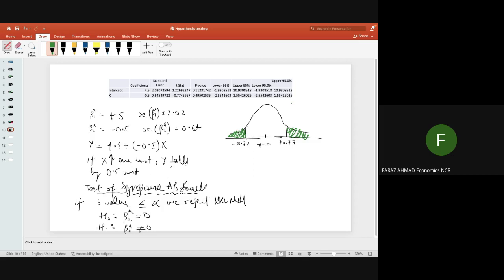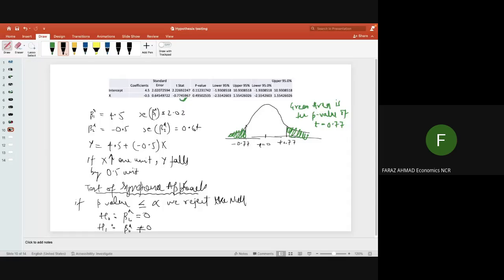So the green area is the p-value of t equals 0.77. So if t is 0.77, which it is in case of beta 2 hat, you can see it from the table here, then its p-value is going to be area in the tails separated using 0.77.